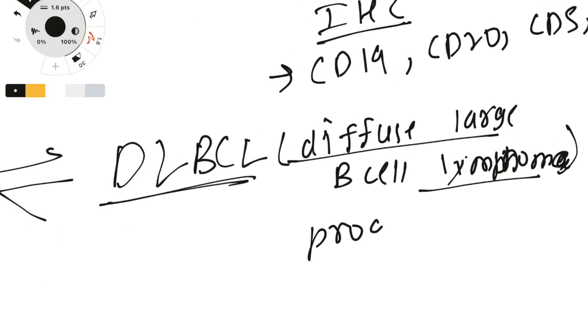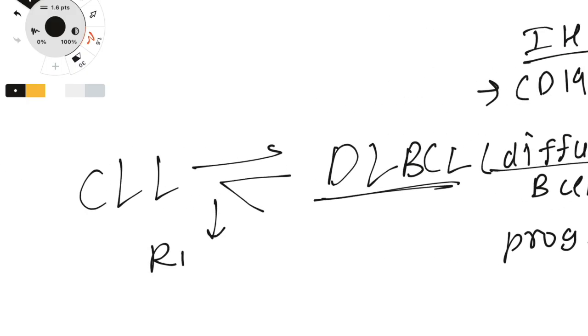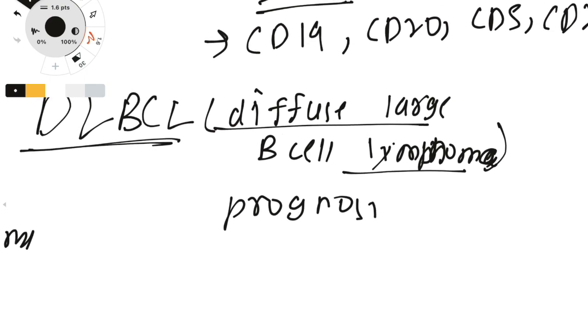Now let's talk about the prognosis. Yes, this transformation is called Richter syndrome. And the prognosis is very bad when we have TP53 mutations in the cell.